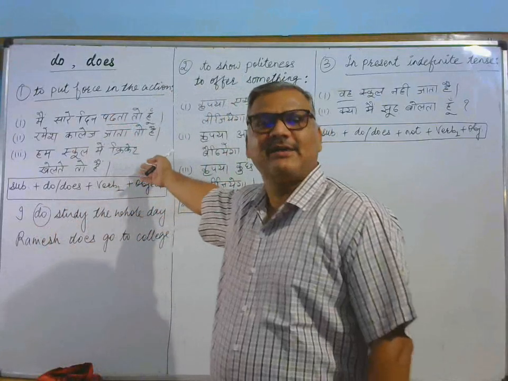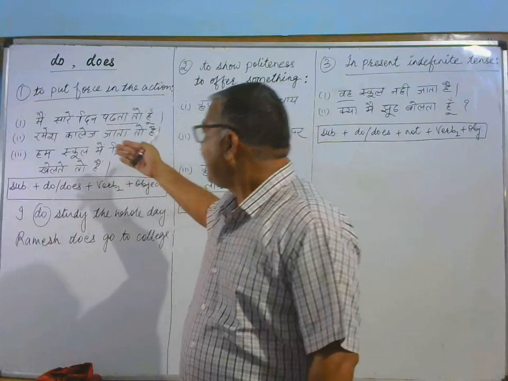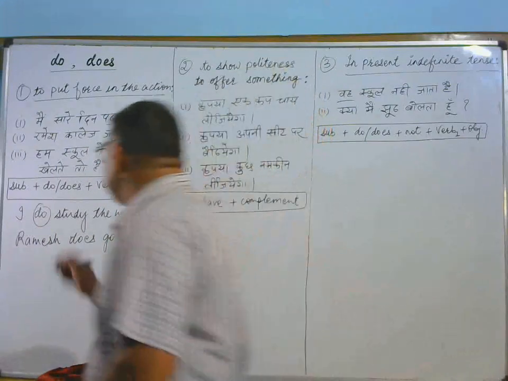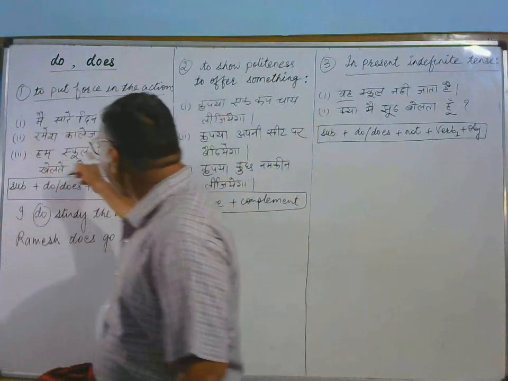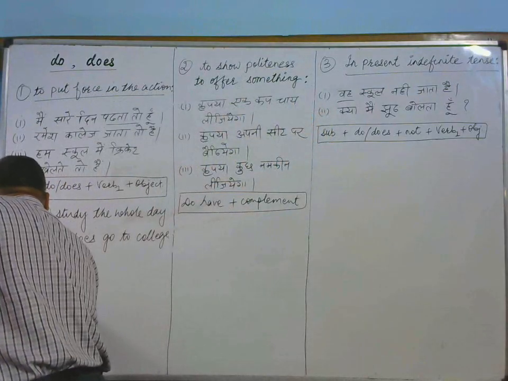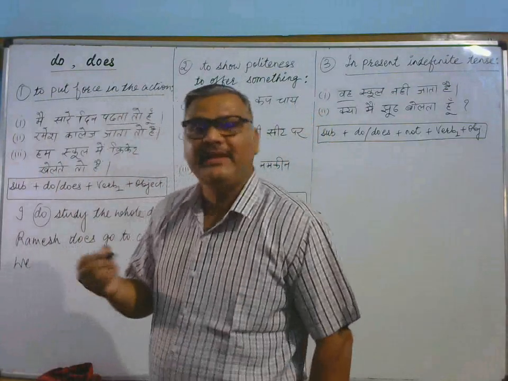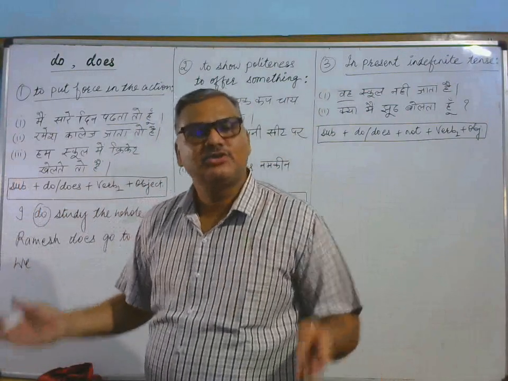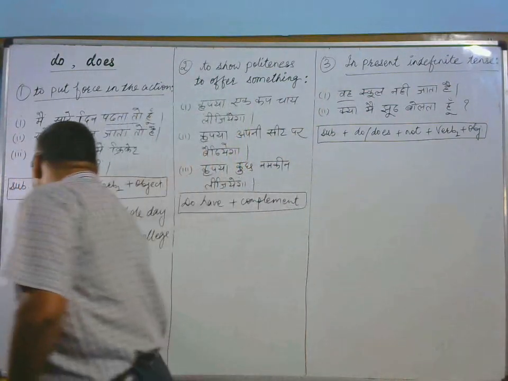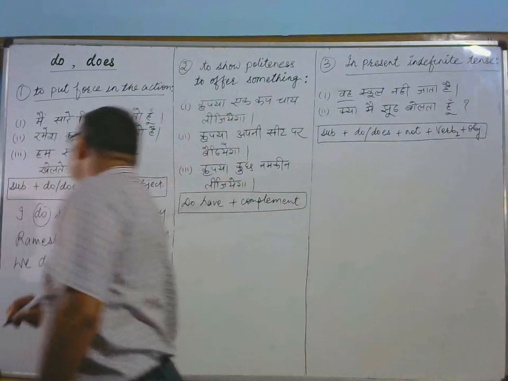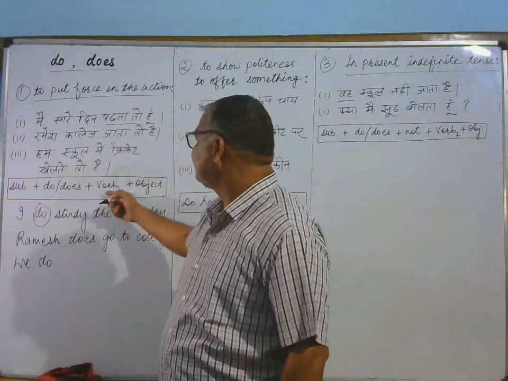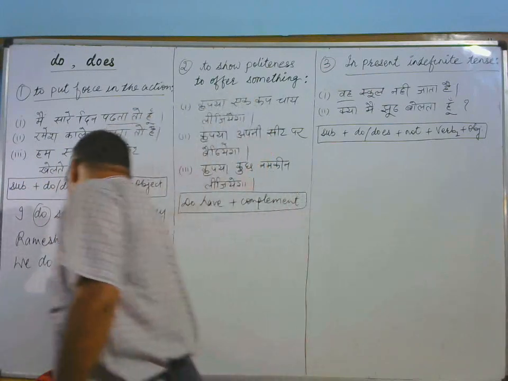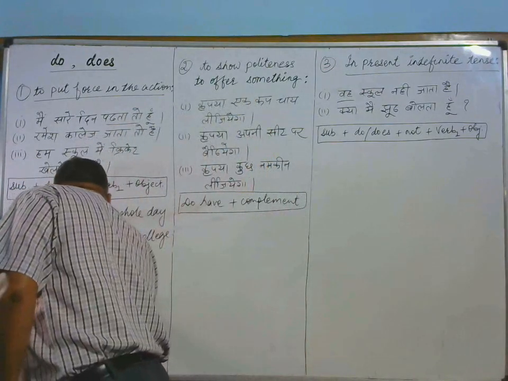Let's take the third sentence. हम स्कूल में क्रिकेट खेलते तो हैं. Let's try. हम means we. We do, because we is plural here, so do is used. And then the verb, that is khelte. Khelte means play. We do play.